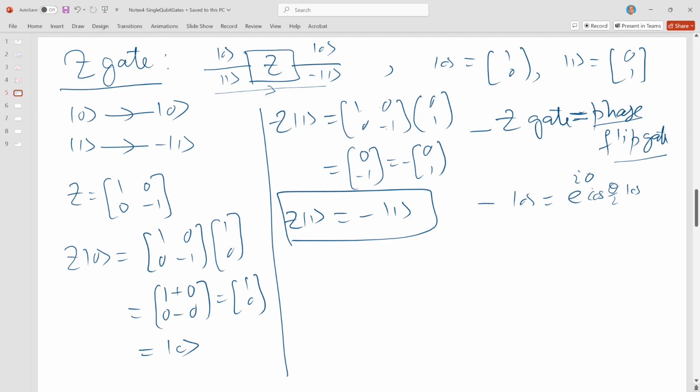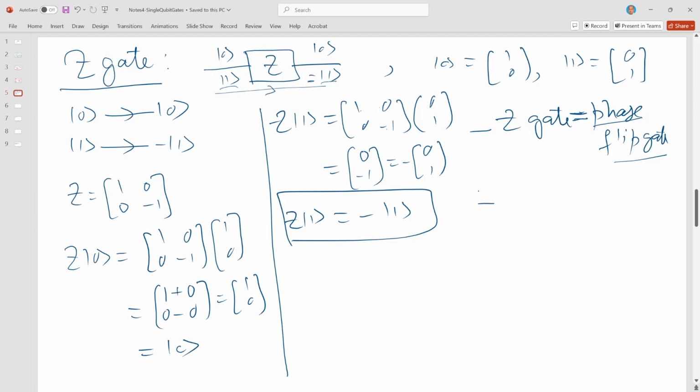If we go back to that theta and phi notation, there we might make sense of this uniform phase flip. But otherwise it's easier to remember that it flips the phase if the input state is 1, because the sign changes and it does nothing to the 0 state.